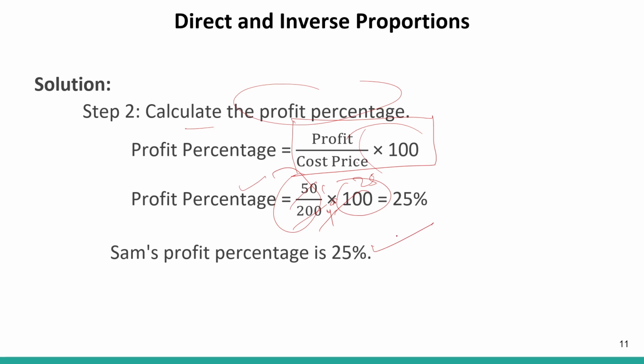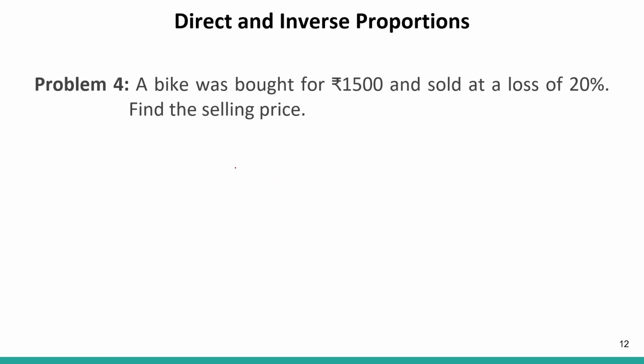Let's go forward with the next question, problem number 4. A bike was bought for 1500 rupees and sold at a loss of 20%.